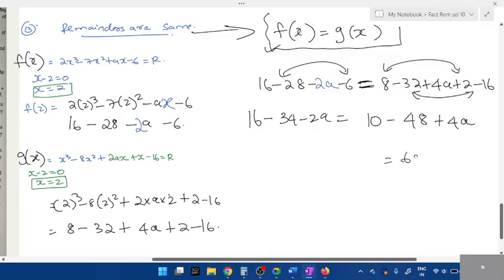So I'll write 6a, and the numbers: 16 minus 34 plus 10 goes to the other side and becomes minus 48. Stick with the basic things, students. I've been telling you all. These two are positive. What is 16 plus 48? 64?